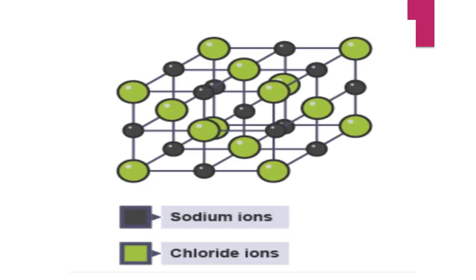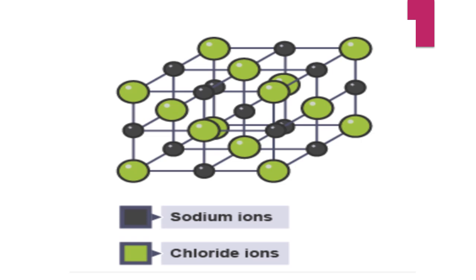Here we have the structure that shows how an ionic compound is formed. It is formed between metal and non-metal. This atom is in the place of sodium, while this one, in black color, is an atom that replaces chloride ion.